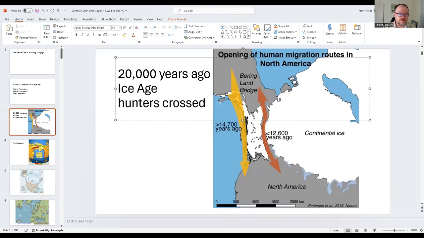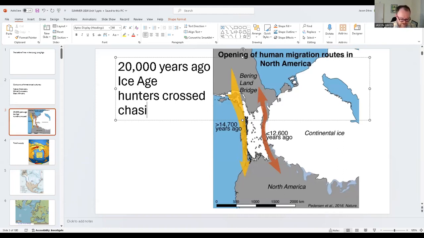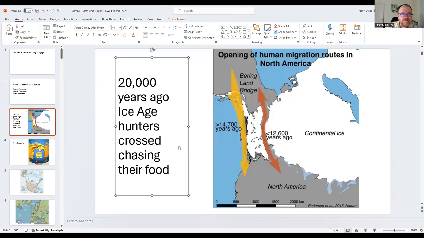And so hunters crossed it chasing their food. That was their main reason for crossing the Bering ice land bridge, was for their food. These are not explorers or scientists. They're just following their food. Wherever the food goes, they're going to follow, basically.